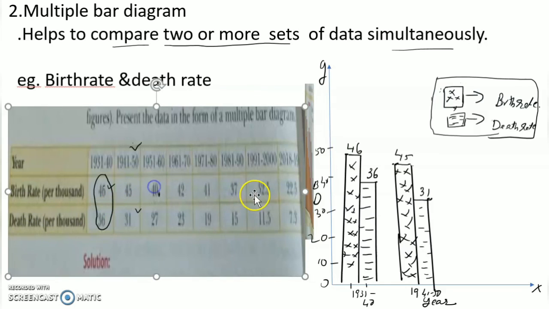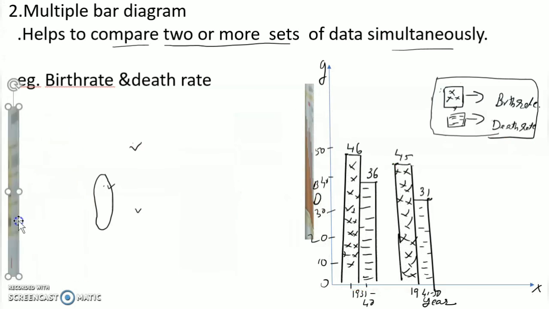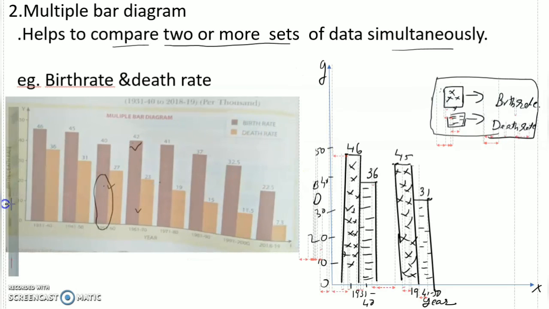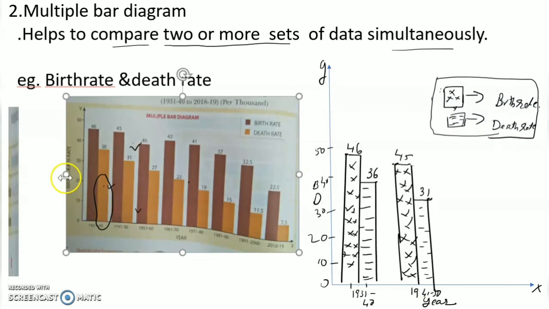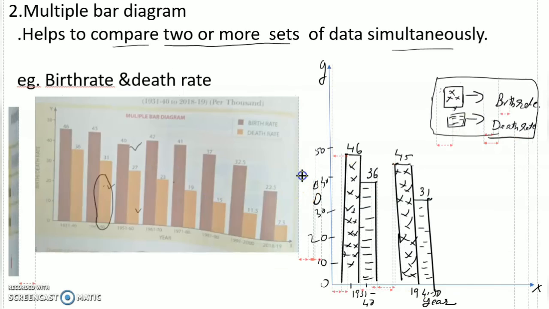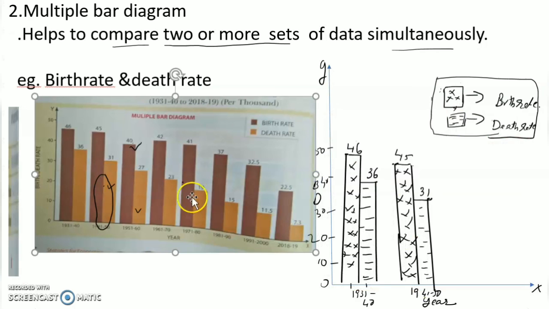I will show you the proper diagram, then it would be clear for you. See, you can see this diagram.